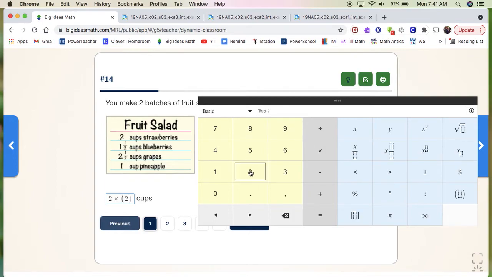So I've got 2 cups of strawberries plus 1 and a half, 1.5 cups of blueberries plus 2.5 cups of grapes plus 1 cup of pineapple.